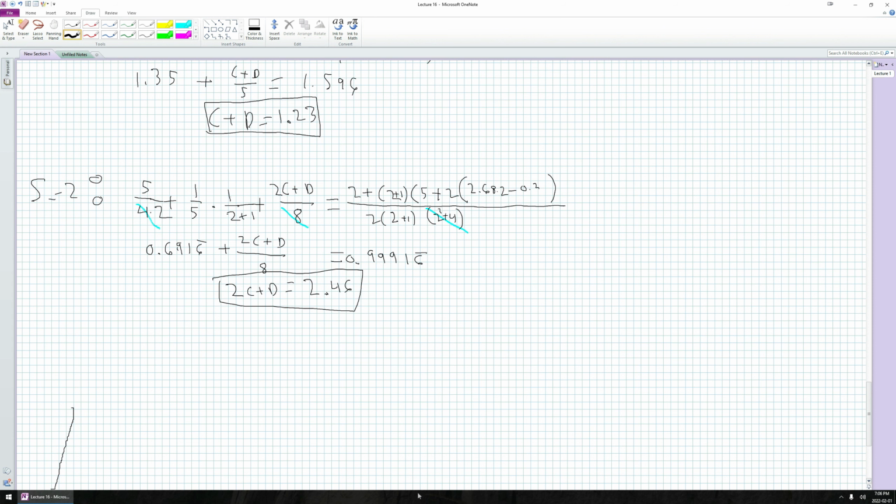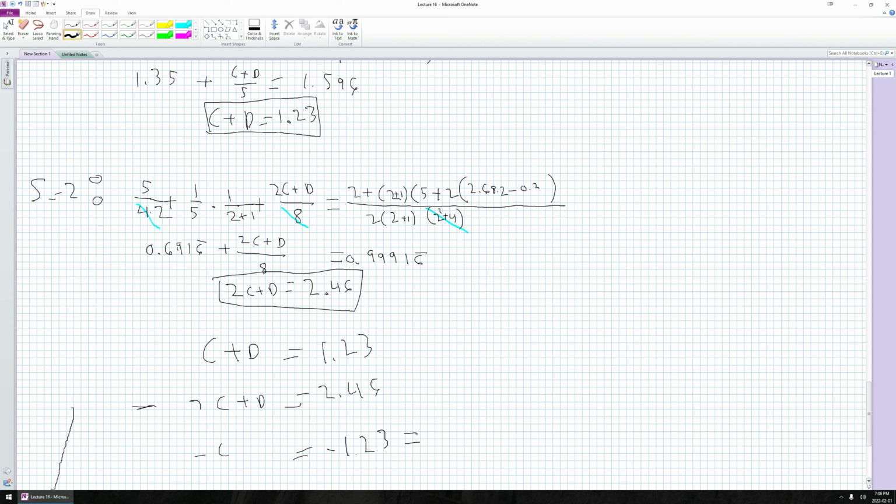From here, it's pretty simple: if I subtracted these, I would take c plus d is equal to 1.23 and subtract it from 2c plus d is equal to 2.46. So if I do this, here I get c, the d's go away, is equal to, well, when I subtract these, mental math just tells us that this would have to be 1.23. You could use a calculator if you wanted. It's your choice, but it's 1.23.